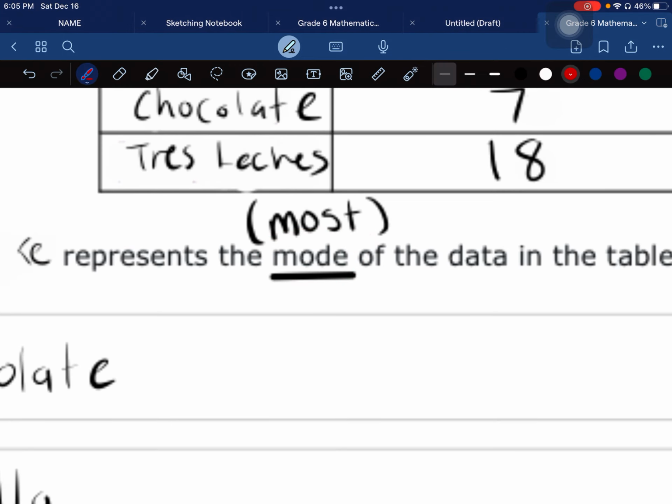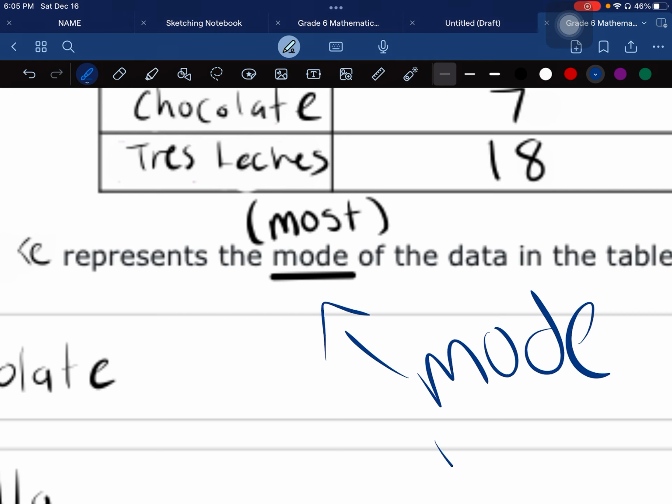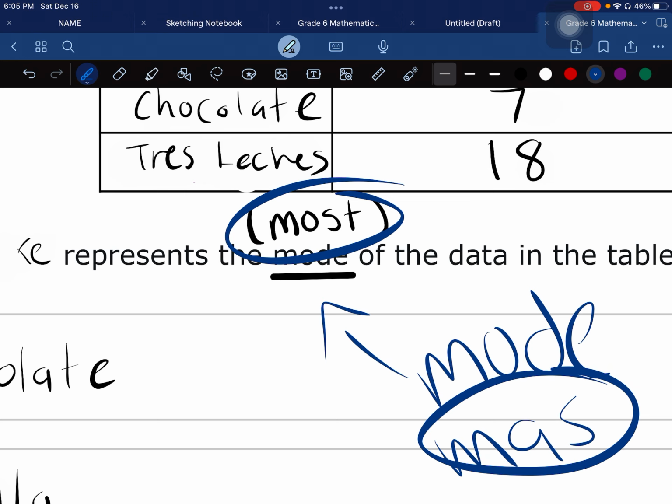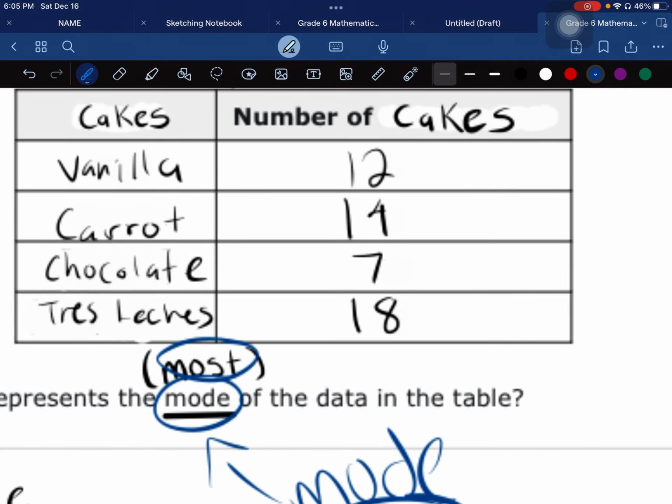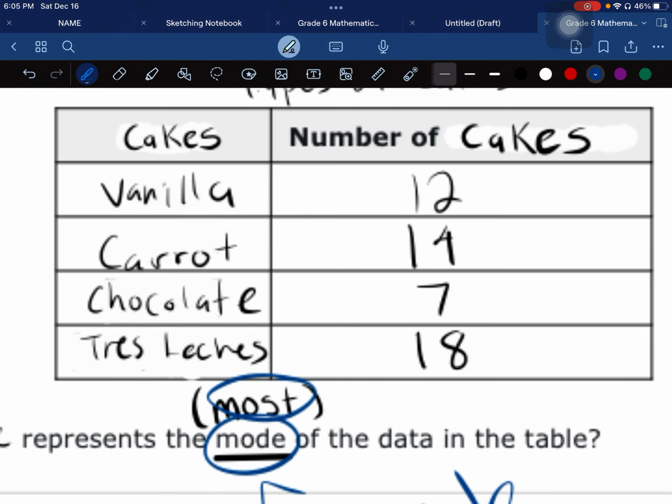Cuando ustedes vean esta palabra, chicos, when you see the word mode, ese representa el más alto, más, most. And most sounds like mode. So whichever has the most, that's the answer. Entonces, ¿cuál es el número más grande? Which one's the biggest number?